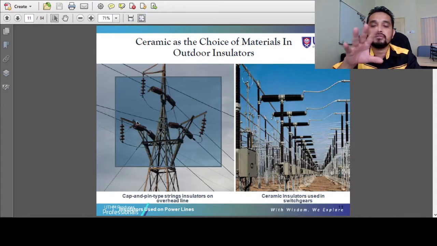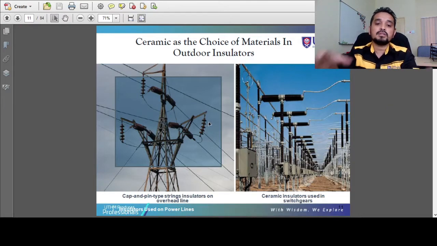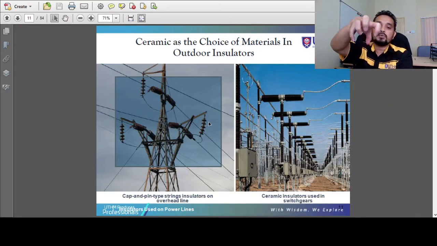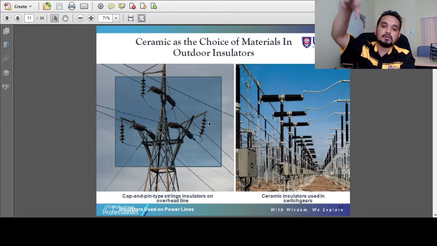Cap and pin refers to glass and porcelain. So this one has been stacked, look, 1, 2, 3, 4, 5. We stack these insulator discs onto each other, and depending on application, this one can be 10, this one can be 20. It depends on the power rating. So they are made in discs. How are we going to stack them? We just stack them and lock them with the metal electrode, and so on.